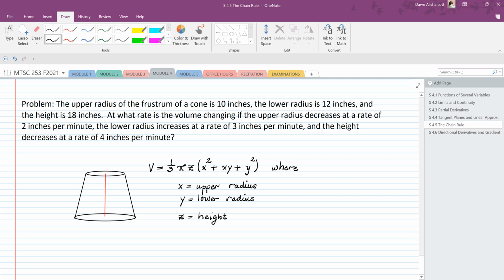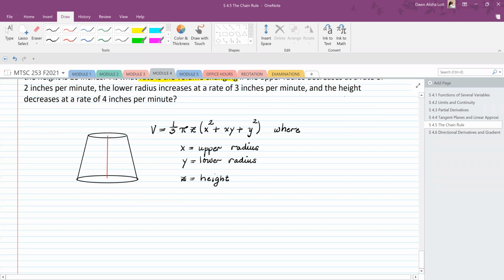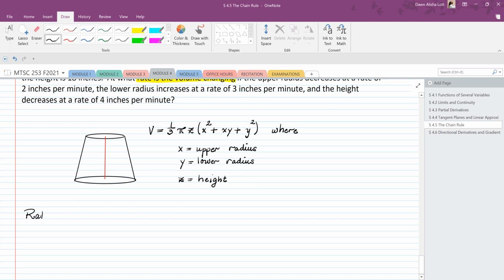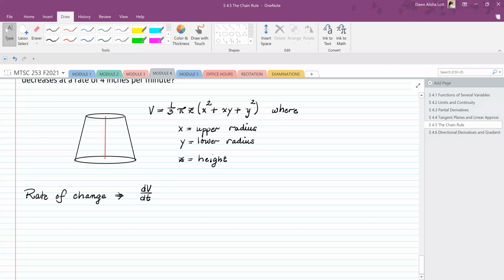Now, this is a rate of change problem. So a rate of change problem implies they want dV/dt. So how is the volume changing with respect to time?